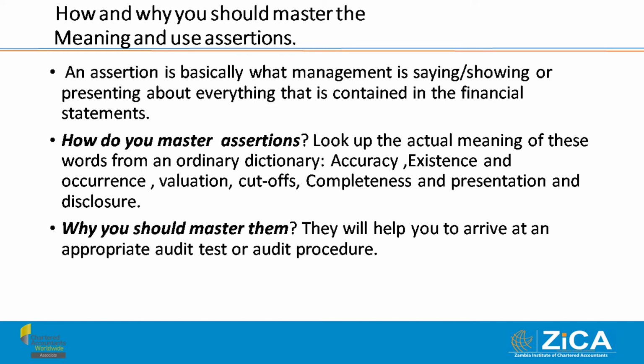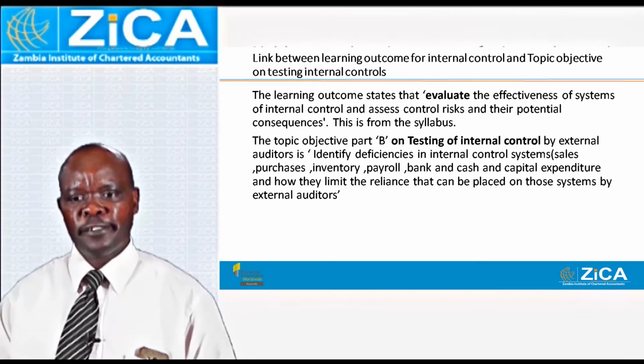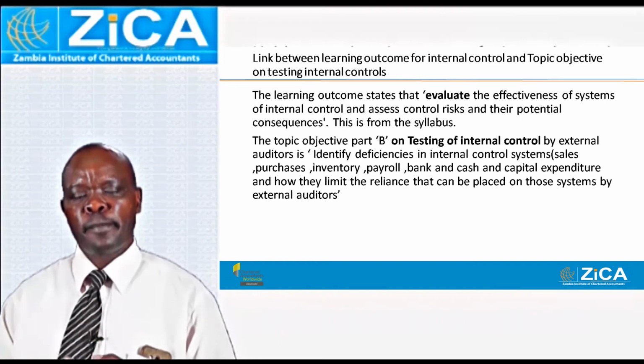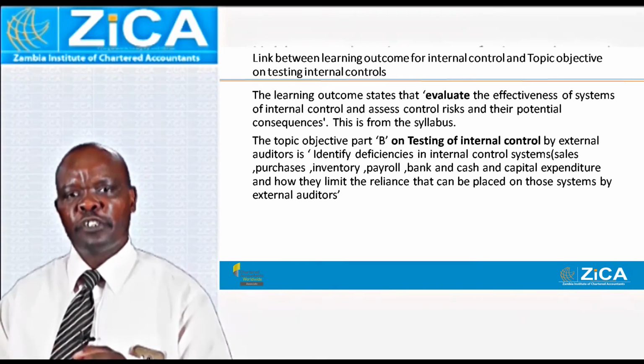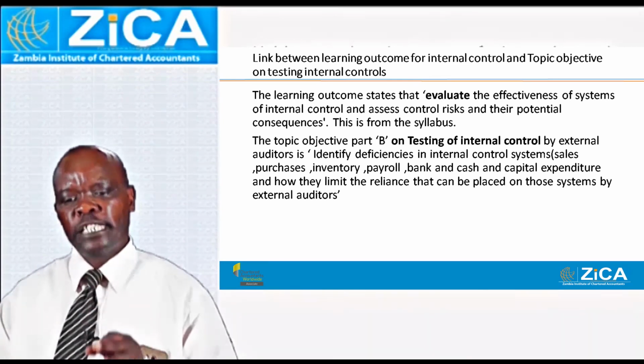And as I go towards the conclusion of my presentation, I would like you to reflect on what we said at the beginning, that there will always be a link between the learning outcome, topic objective, as well as the questioning verbs. So there are 3 kinds of areas you should concern yourself with. Before you go to the next topic, have you understood what you are expected to do?